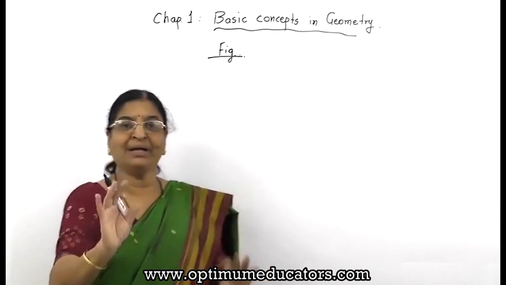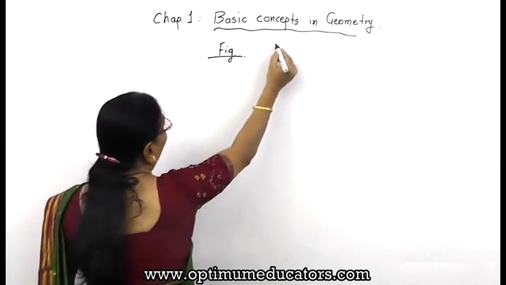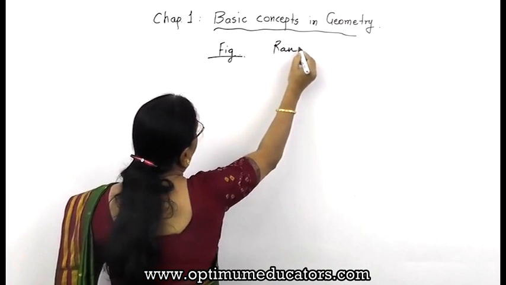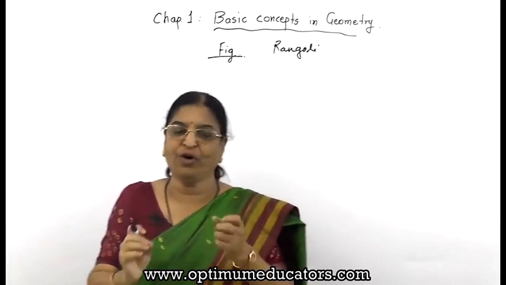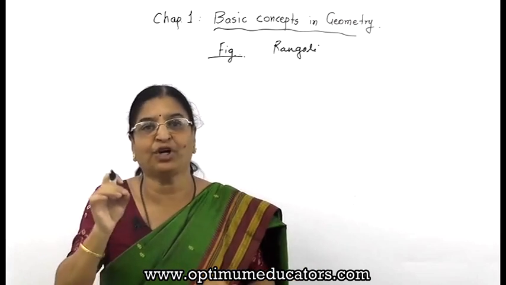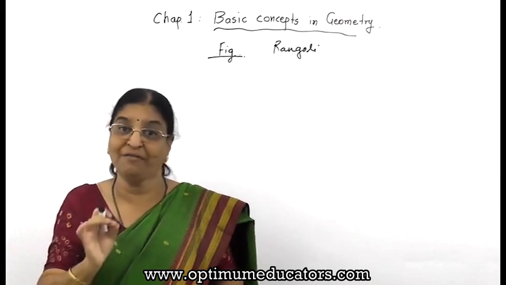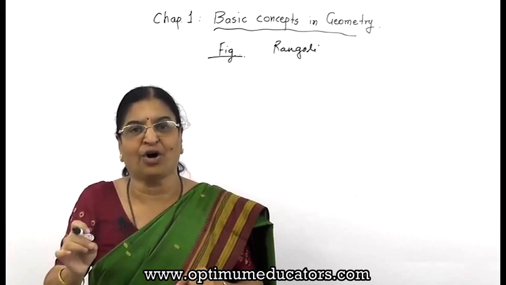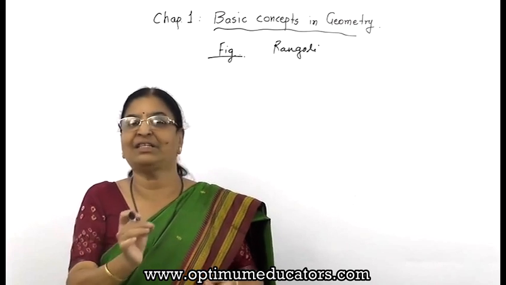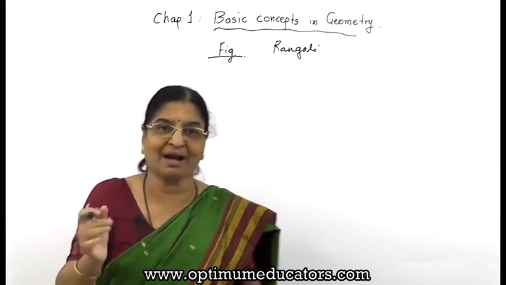But I will start with the figure which we know, that is a Rangoli. When we put Rangoli, what do we do? We put some dots first, and then we try to join the dots with some straight lines, with some curved lines.